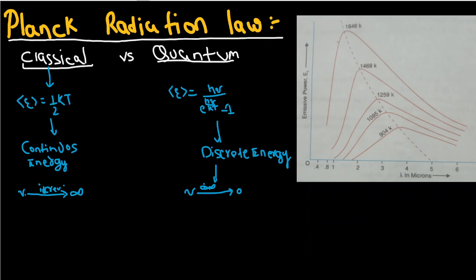As you can see, I have made a comparison between the classical and the quantum radiation curve graphs. In the classical, the equipartition theorem, which I discussed in the previous video, says that energy is assigned to each degree of freedom.